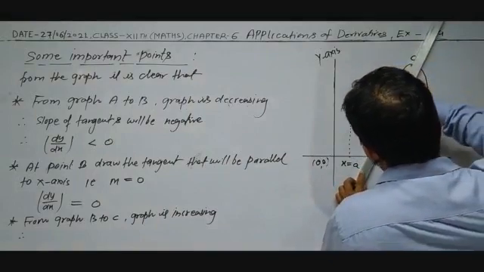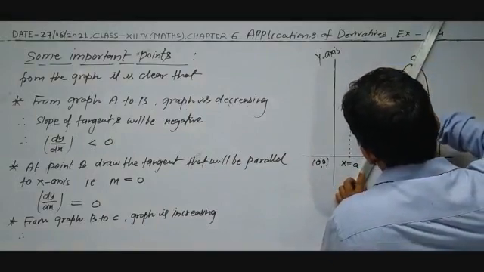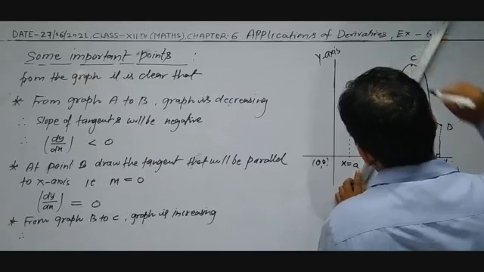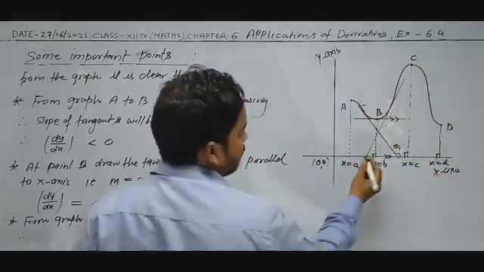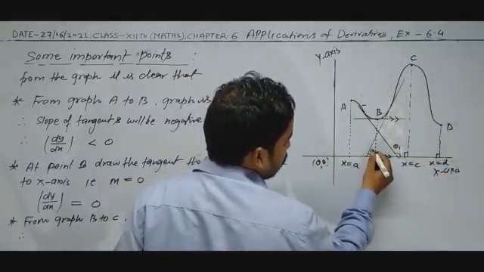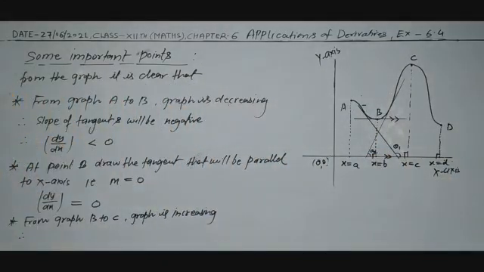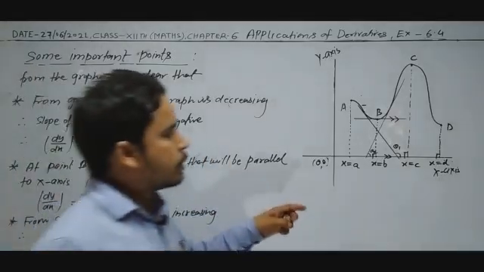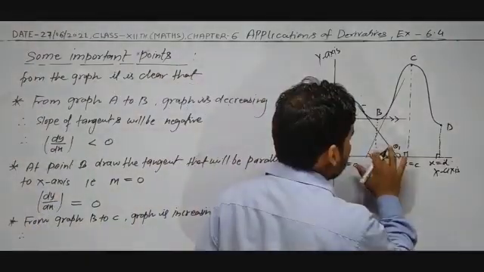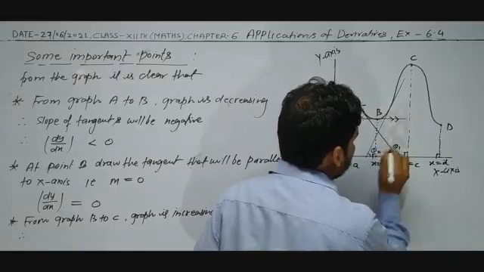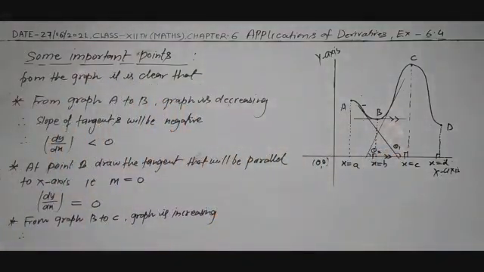Suppose I have drawn this tangent. That makes an angle theta 2. That is an acute angle, and an acute angle denotes tan theta will be positive.